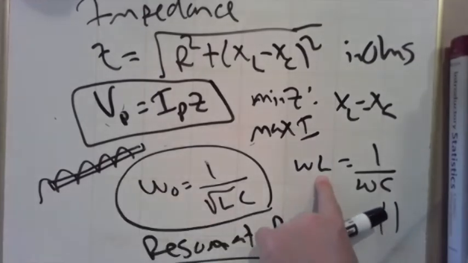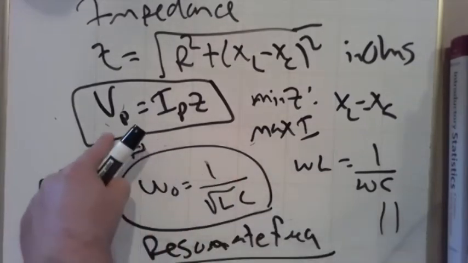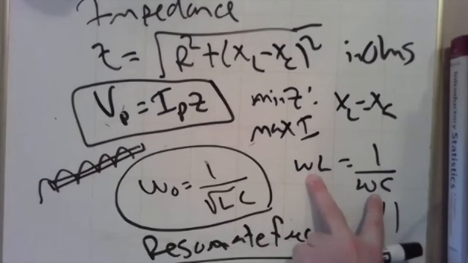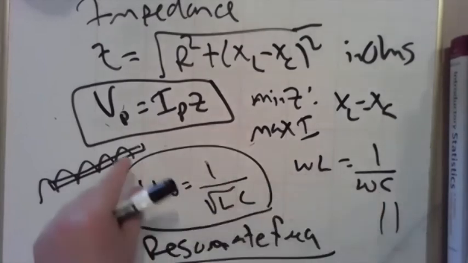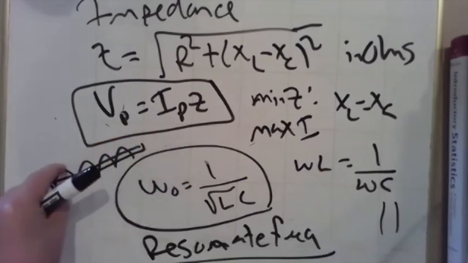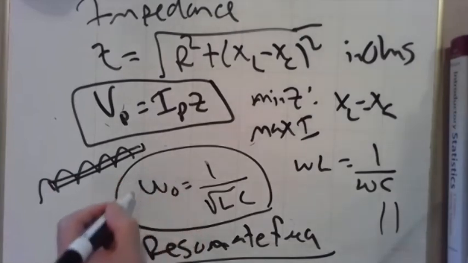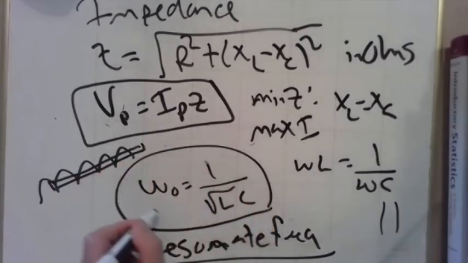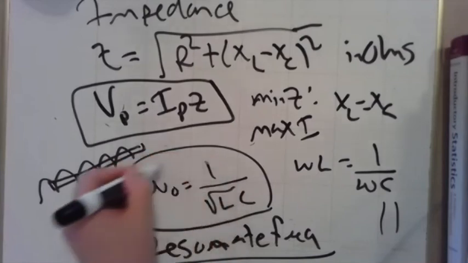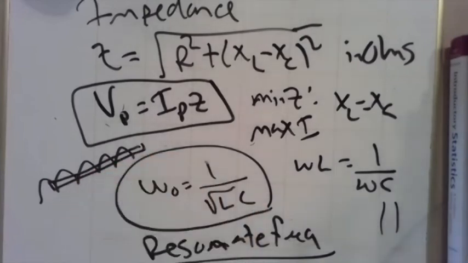So we have 3 different ways of adjusting our circuit, changing omega or changing L or C. And typically what we do is we change L. We change the bar that's going through this inductor, or we change the distance between these plates. We change that until we happen to hit upon the frequency that satisfies this, and we call that resonance.